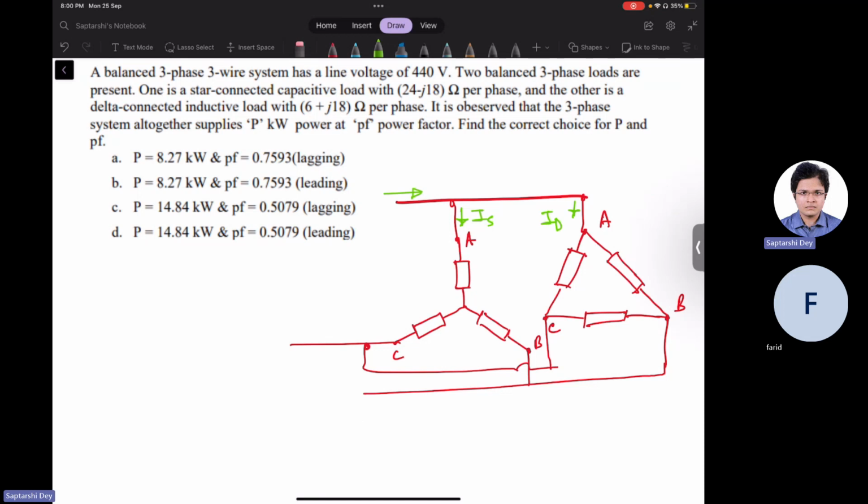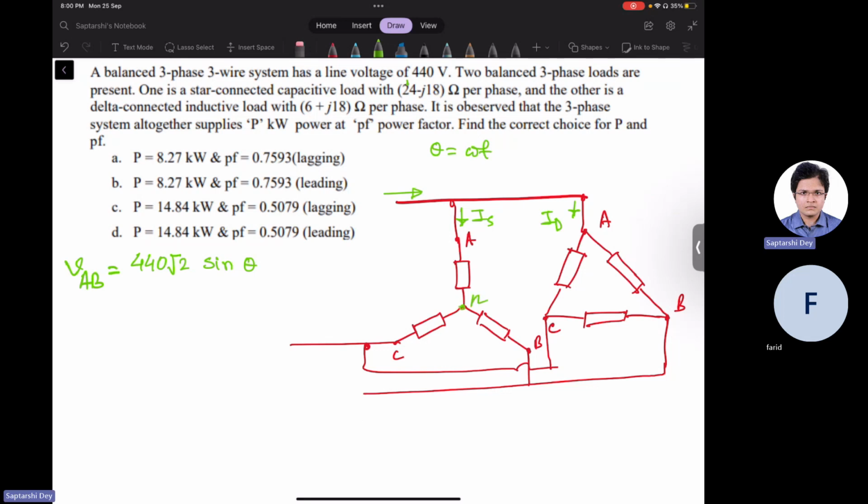Now for the star connected system, let us write them in time domain. Okay, it's a 440 volt. So let me write voltage AB, the line voltage, as 440 root 2 sine theta. Theta is omega t. Right?